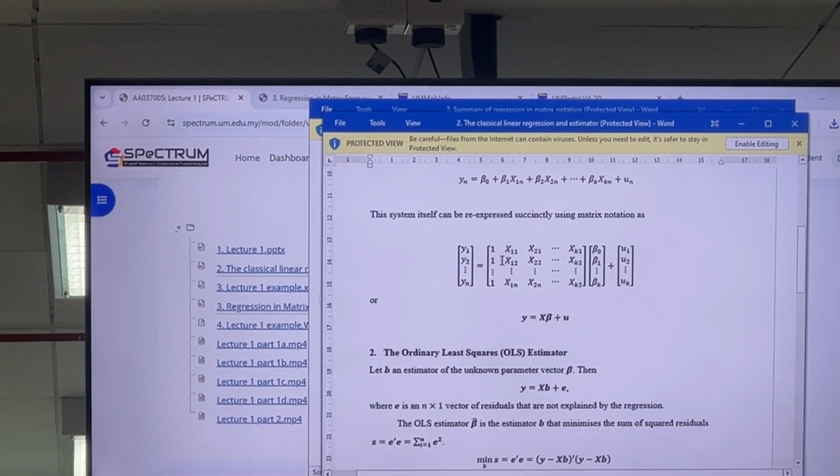The X matrix here requires one assumption: all columns in this X matrix do not have any linear relationship between any of them. If there is a linear relationship or linear dependency between different columns, then we have the problem of collinearity, multi-collinearity.